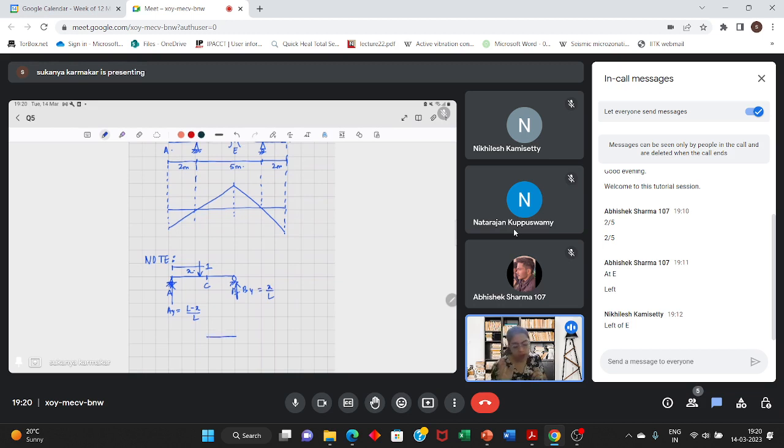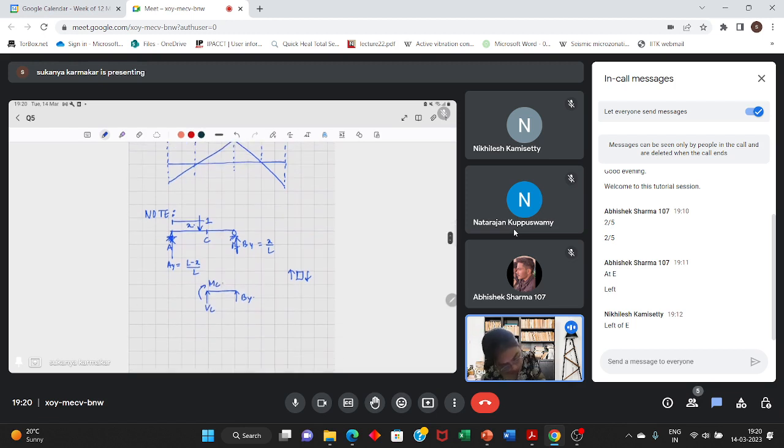Suppose x is between A and C. So in this portion, this is VC, and this moment is MC. So the moment MC will be By into how much is this length?